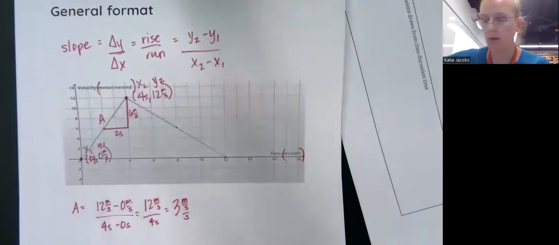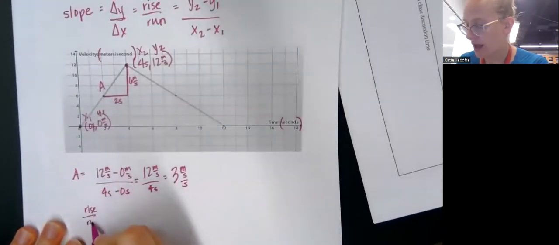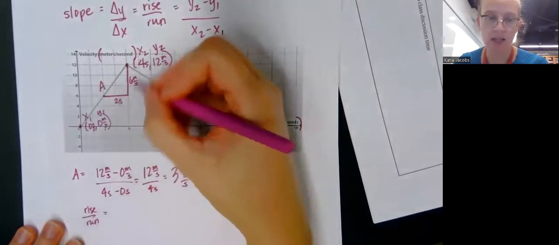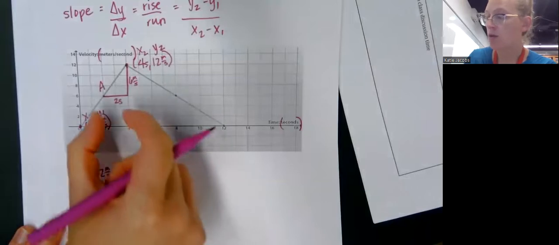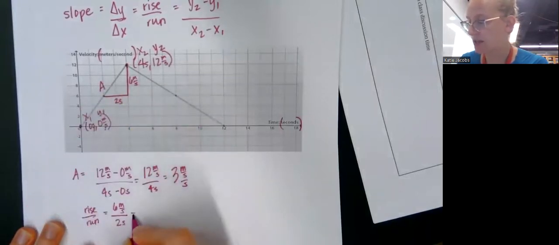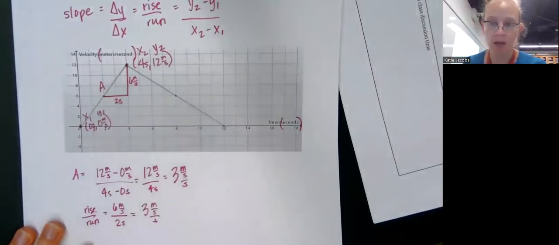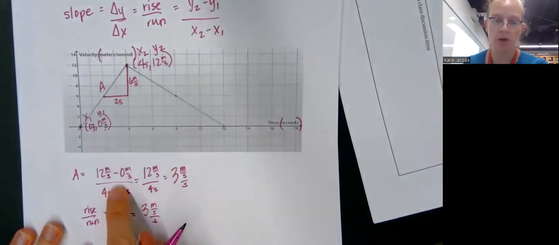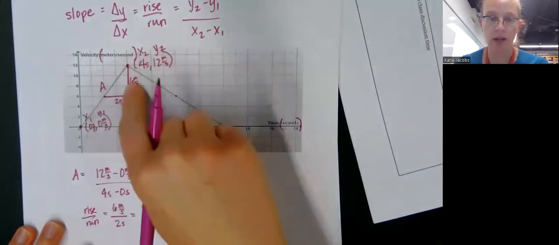So if I were to do rise over run for that triangle, the rise is the height, 6 meters per second. The run is the width of the base, 2 seconds. I end up getting the same exact answer. Those are probably the two most common ways to find slope: doing y2 minus y1 over x2 minus x1, or doing rise over run based on a slope triangle that you've drawn.